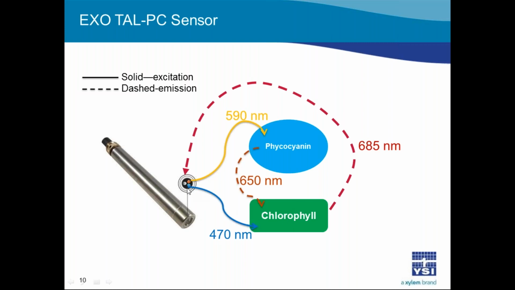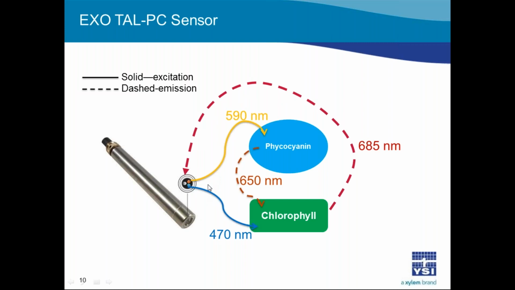Now, in addition to that, the sensor sends out a blue light that also directly excites chlorophyll molecules. So it's the excitation of chlorophyll from these two sources, the phycocyanin emitted light and the blue light from the sensor, and then the chlorophyll will emit light that includes the wavelength of 685 nanometers that is detected internally by the sensor.